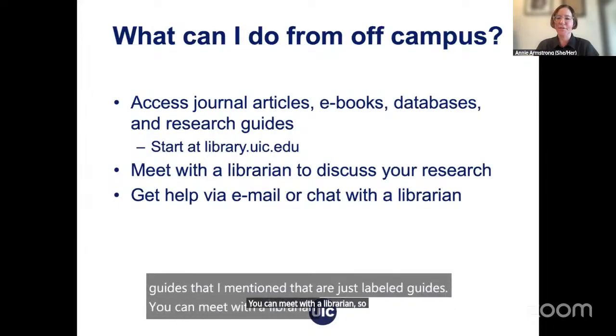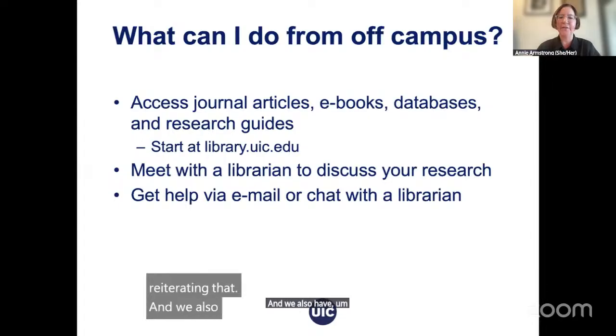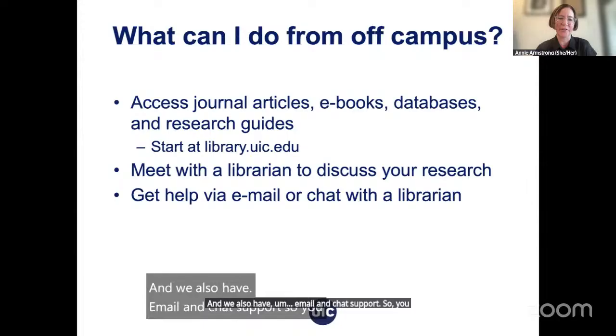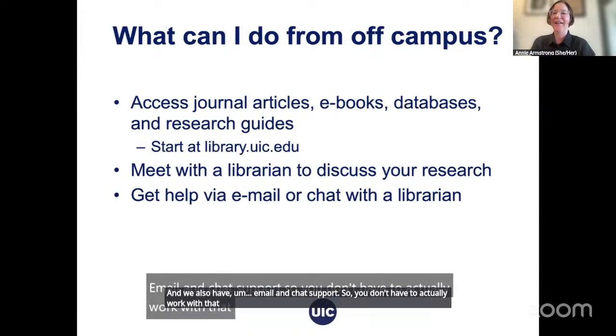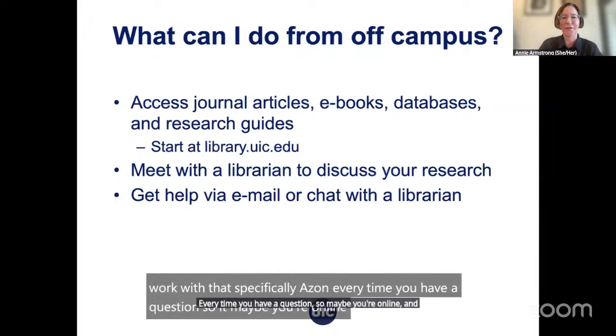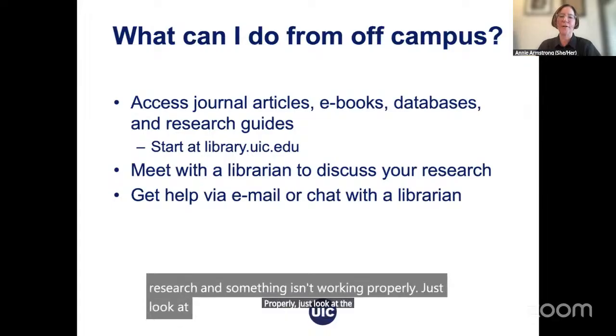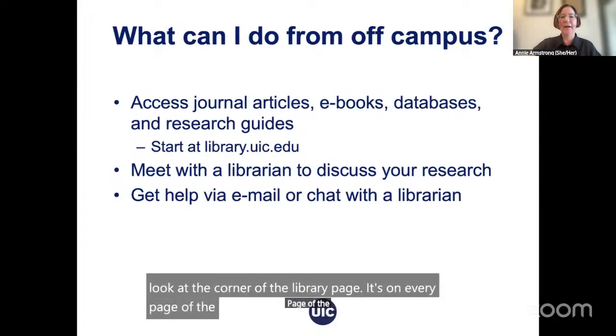So I'm just reiterating that. And we also have email and chat support. So you don't have to actually work with that specific liaison every time you have a question. So maybe you're online and you're doing research and something isn't working properly. Just look at the corner of the library page. It's on every page of the library website, and look for the chat option.